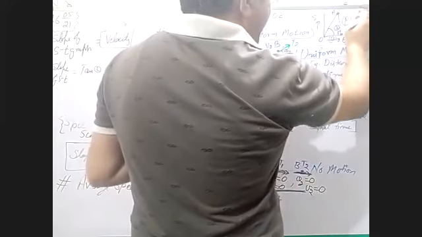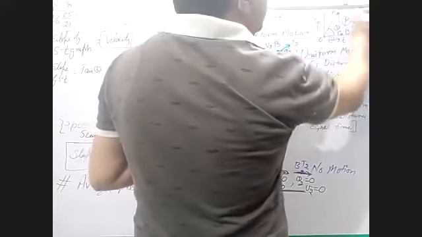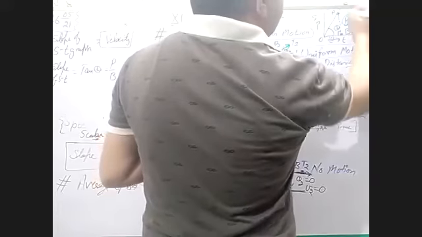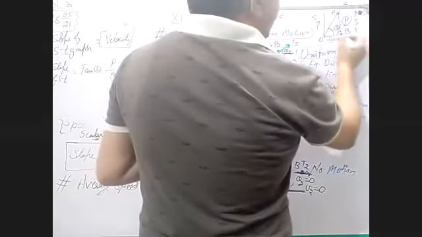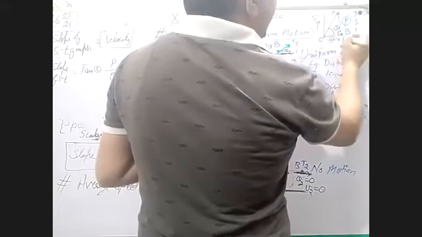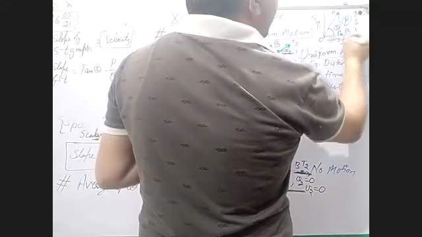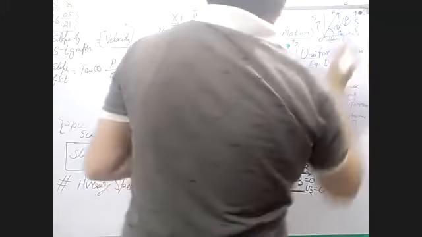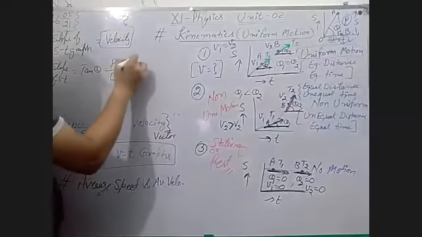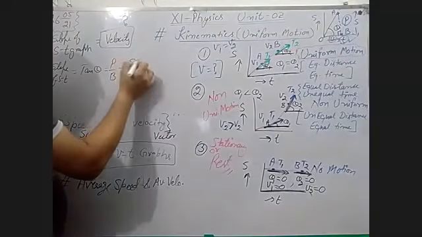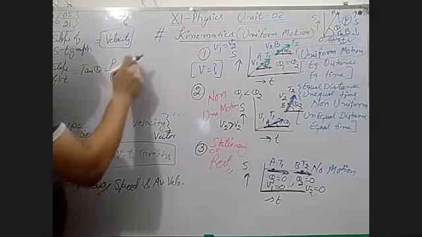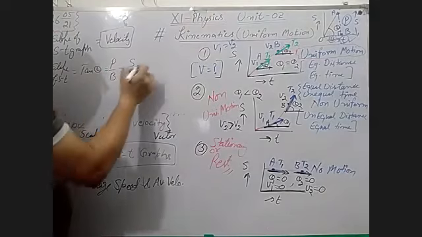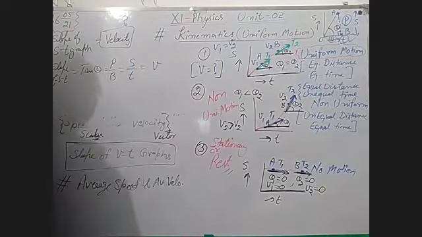AB is the perpendicular and shows the value S. And what is OB? OB is the base and it represents the value of time. So we can write S upon T, S for perpendicular and time for base. Now what is distance upon time?